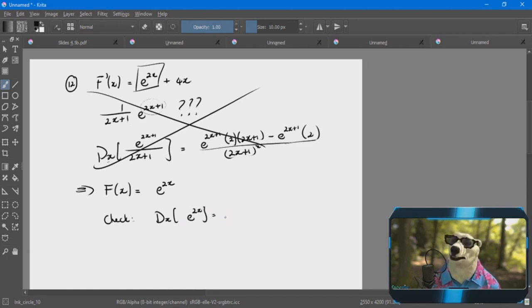Now I'm in a chain rule situation. The derivative of the outside function, yes, it is e to the 2x. But the second part of the chain rule says multiply by the derivative of the inside function, which is a 2, and there is no 2 in my target. So I put a half in front to catch that 2 when it pops out, not because of the power rule, because of the chain rule. So 1/2 in front.